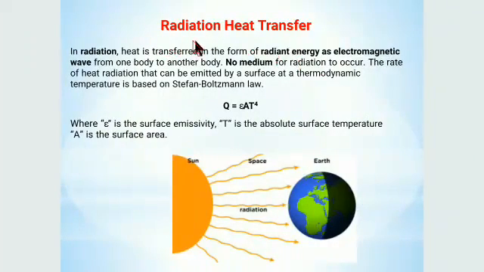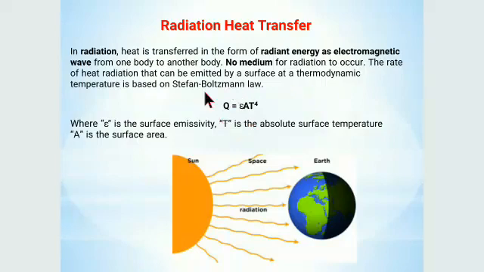The last one is radiation heat transfer. In radiation, heat is transferred in the form of radiant energy as electromagnetic waves from one body to another body. No medium is required for radiation to occur. The rate of heat radiation that can be emitted by a surface at a thermodynamic temperature is based on the Stefan-Boltzmann law.